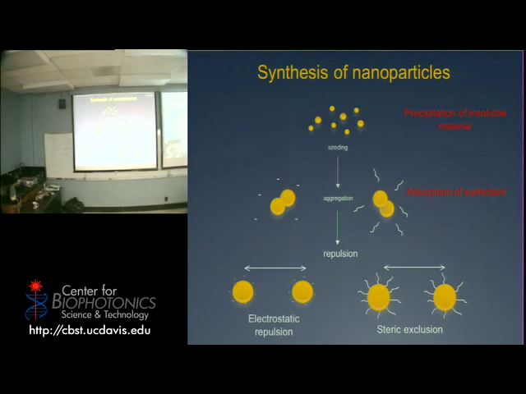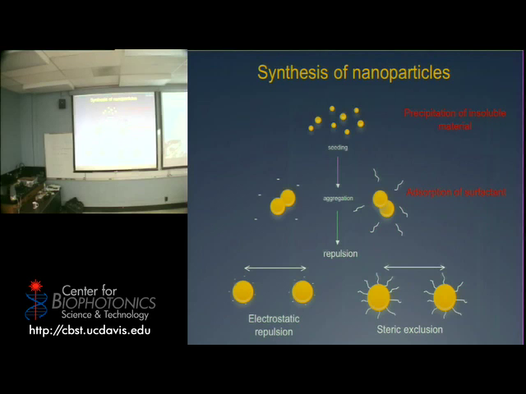But if you do the synthesis in the presence of some sort of surfactant, which could be an actual molecule, like a polymer, a long nucleic chain or not, or it could be the solvent, for example, that gives charge, then as these little seeds start aggregating, the solvent, or ions present in the solvent, or molecules that you add, start absorbing on the surface.